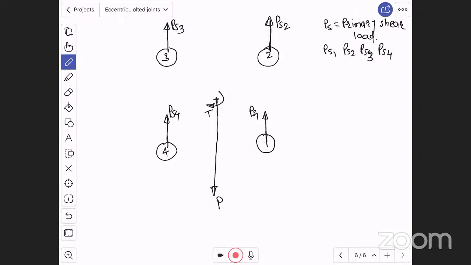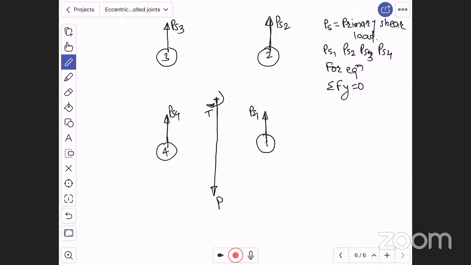Therefore for equilibrium, summation of forces in y direction is equal to 0, right? See, my dear students, to understand the previous year GATE questions, we need to understand these concepts. That's why I'm taking all these. After this we are going to solve the questions.